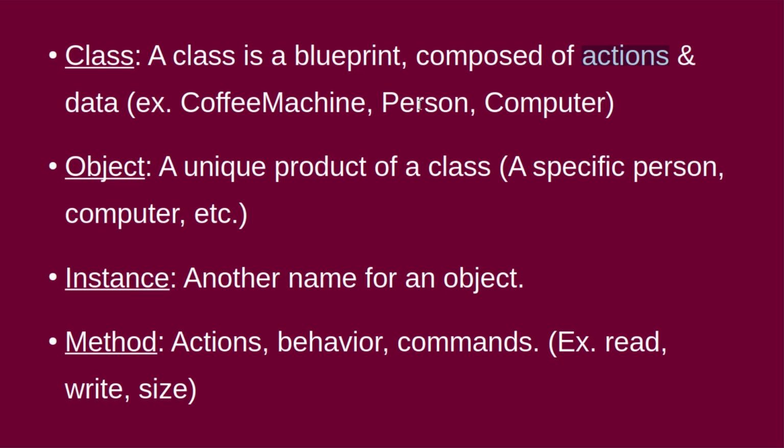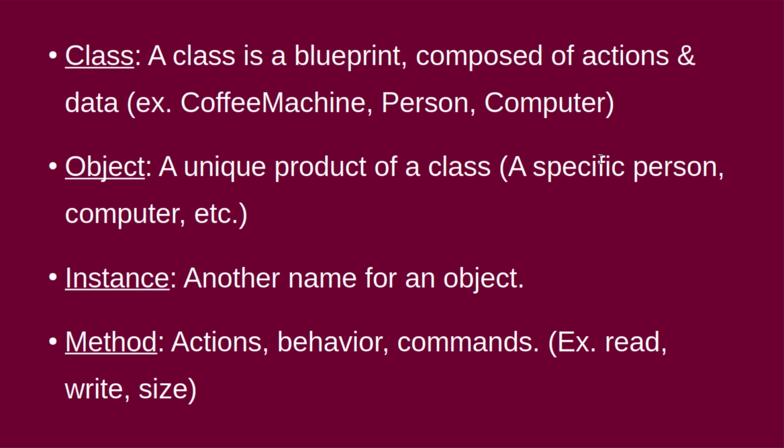So another example of this could be a person, right? A person has a name, that's data. A person has an age, a gender, a country. All of that is data about the person. But the person can also do things. That's the actions, right?